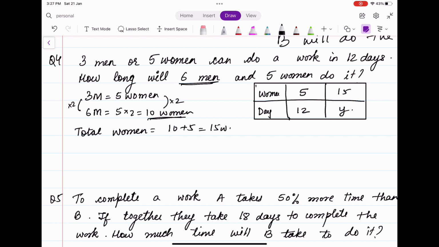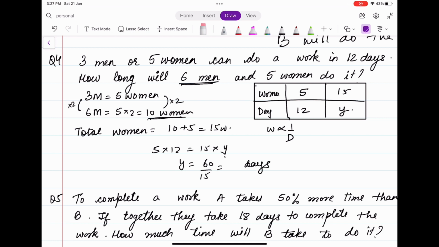More women, less days. It is inverse proportion. That means 5 into 12 is equal to 15 into y. So y will be 60 upon 15, that is 4 days they will complete the work.